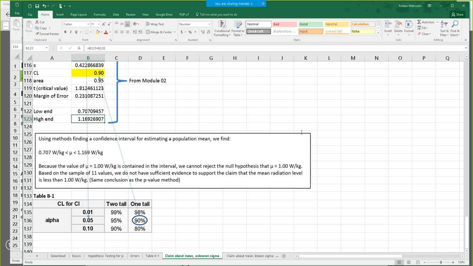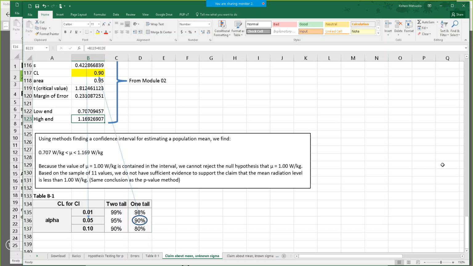So like one method tells you to reject and the other method will tell you to not reject. That will not happen except for the proportion. But just keep in mind that for you guys, the methods should give you consistent results. So either all reject the null hypothesis or not reject the null hypothesis. Just as a side note, it's possible to have that conflicting scenario if you look at the claim about the proportion, but let's not go there.